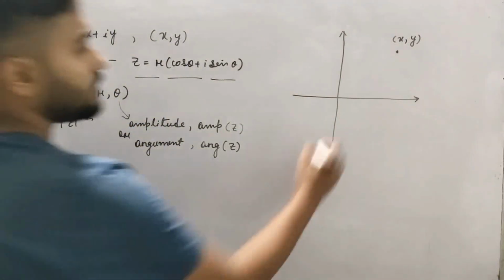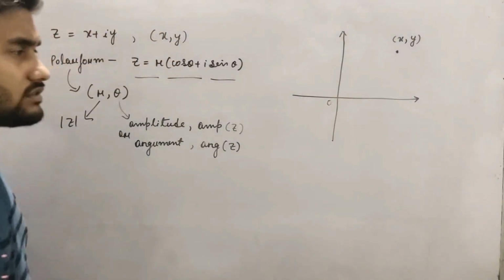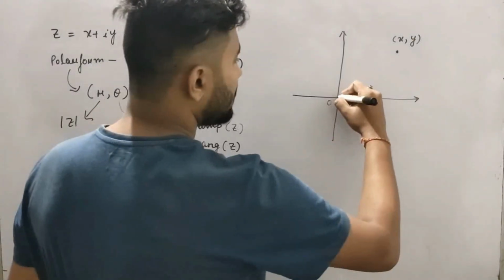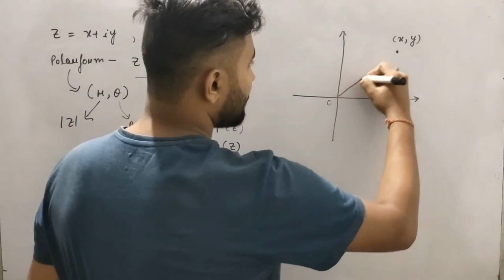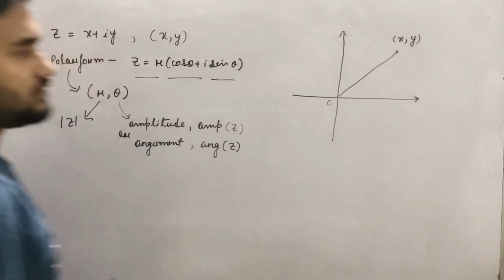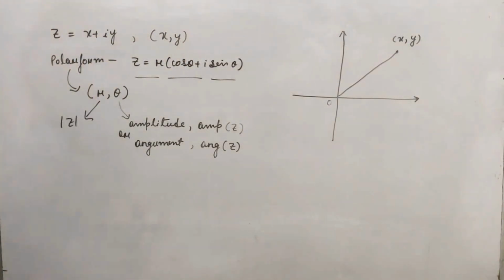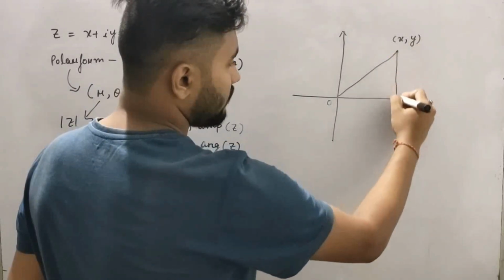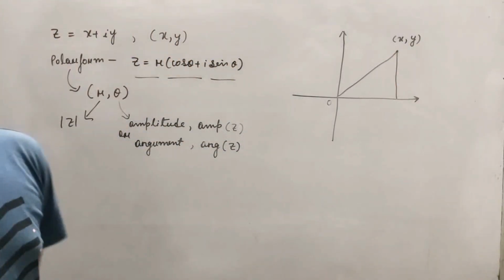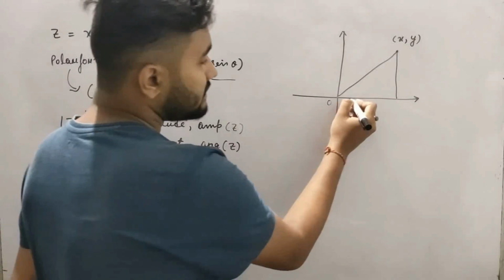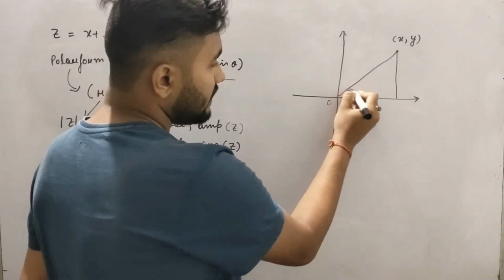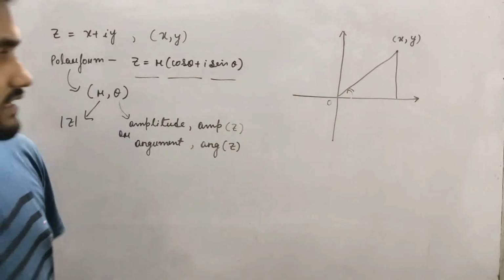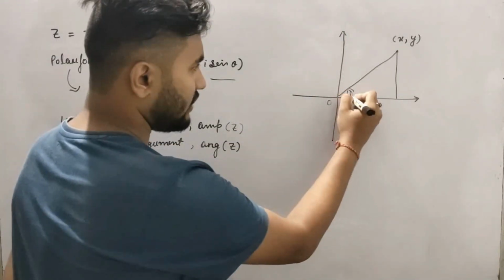Now this is the origin. So what will be the modulus of z? The modulus of z is nothing but the distance of the complex number from the origin. So what is this theta? If I draw a perpendicular over here and consider a right angle triangle, theta is the angle made by the complex number with the x-axis in the anti-clockwise direction.